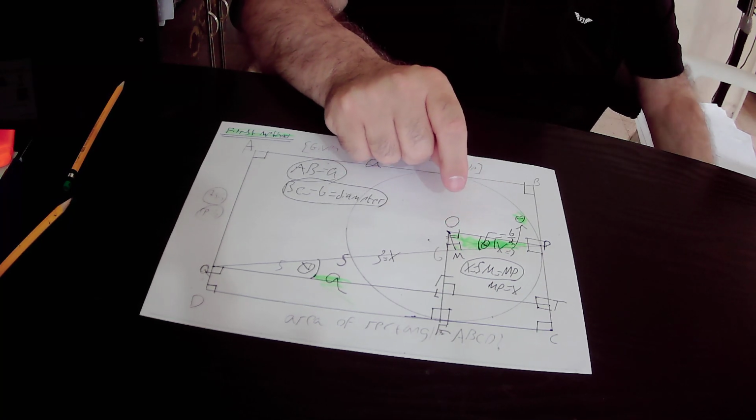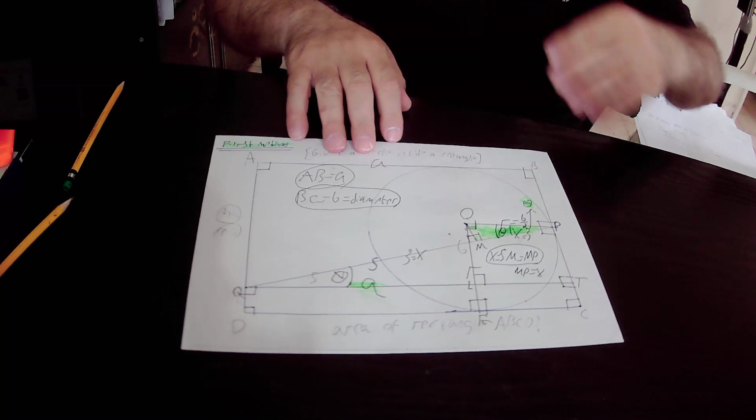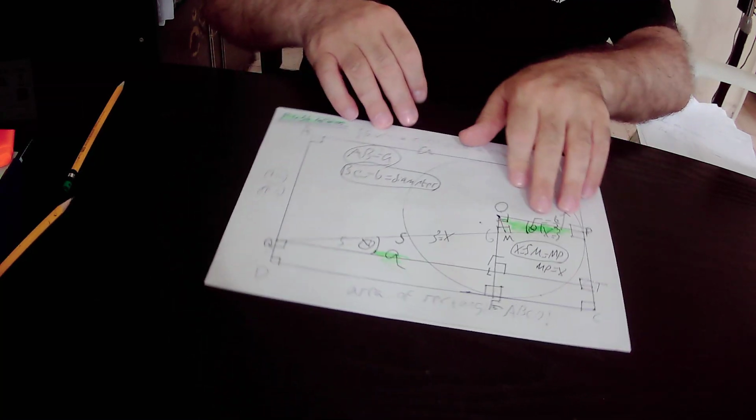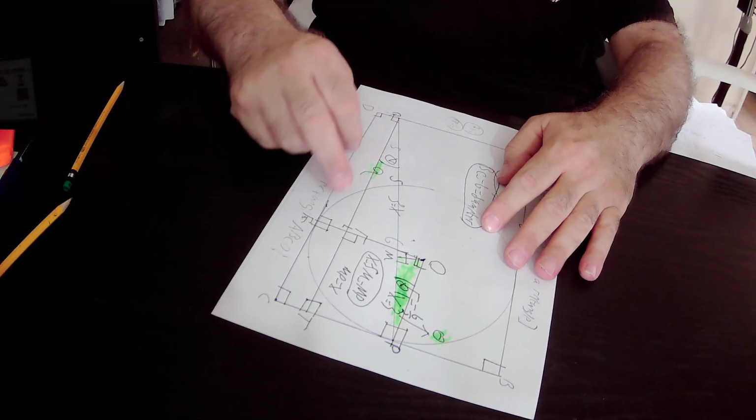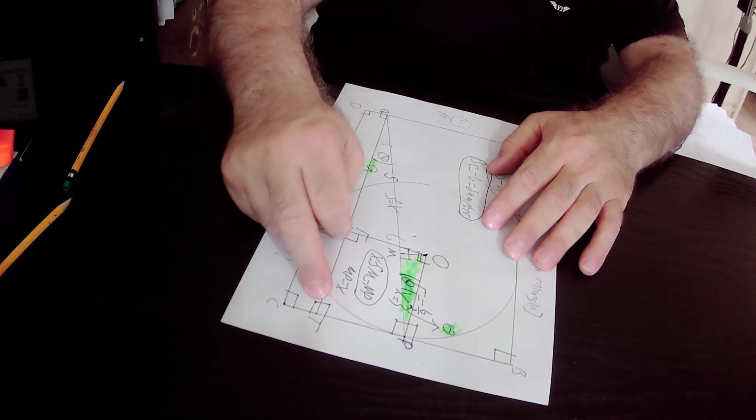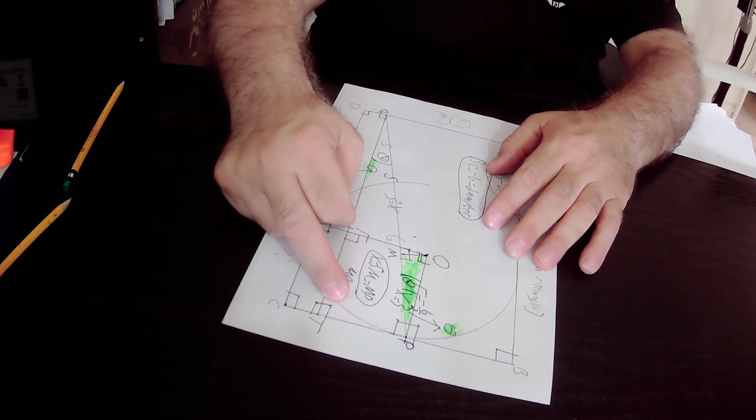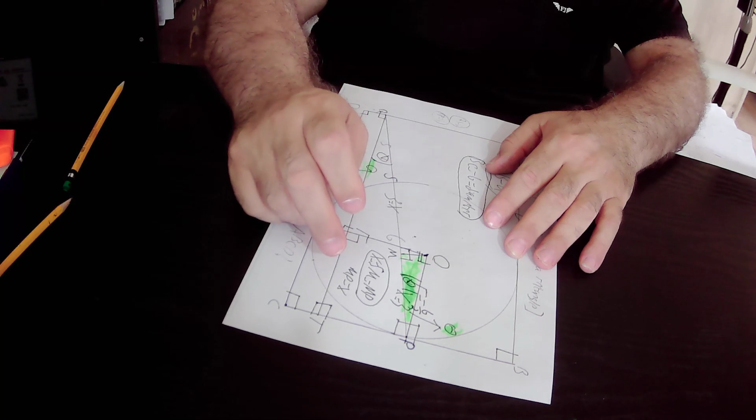Okay? Then from point Q, we draw a perpendicular on BC. So this angle equals 90 degrees and this angle also equals 90 degrees according to our definition.